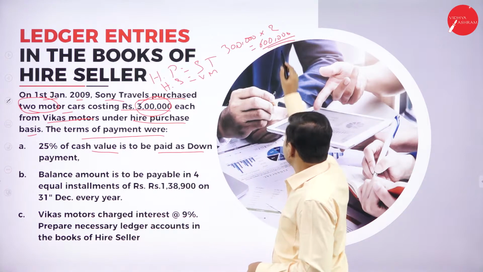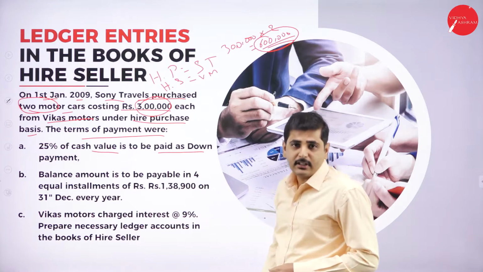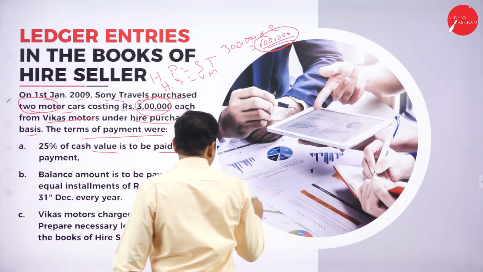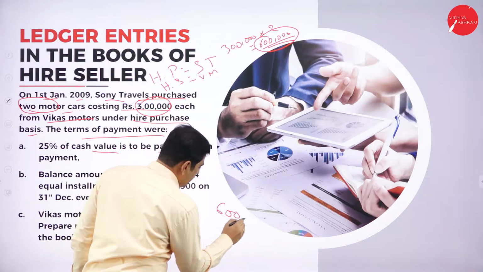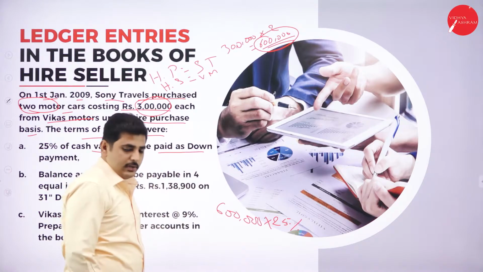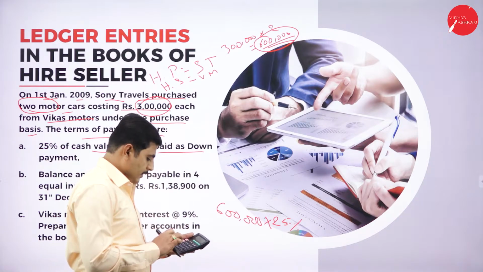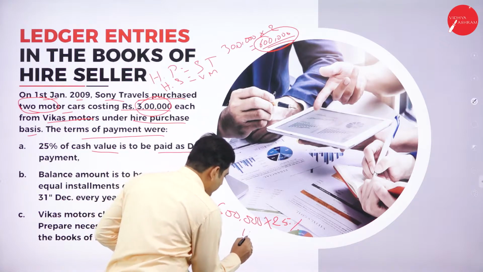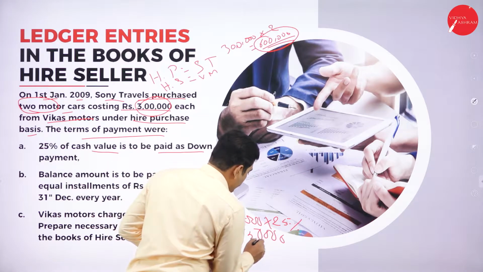So out of 6 lakh rupees, we have to pay 25% as down payment. 6 lakh into 25% is 1,50,000 rupees. We have to pay this as the down payment.